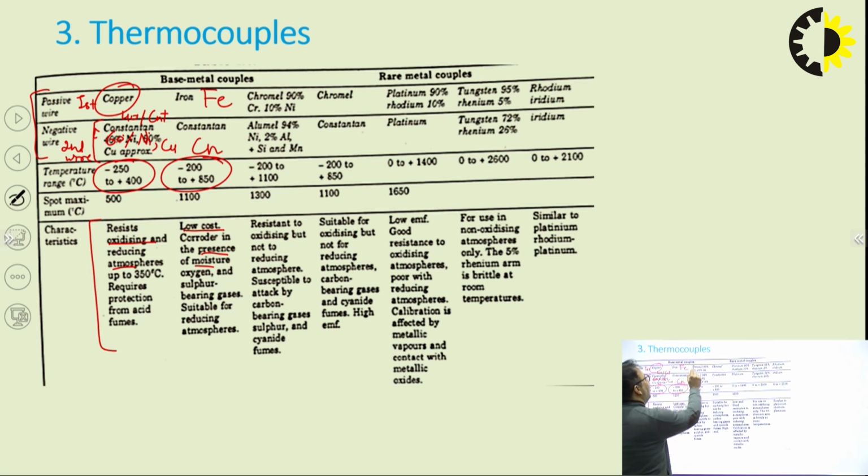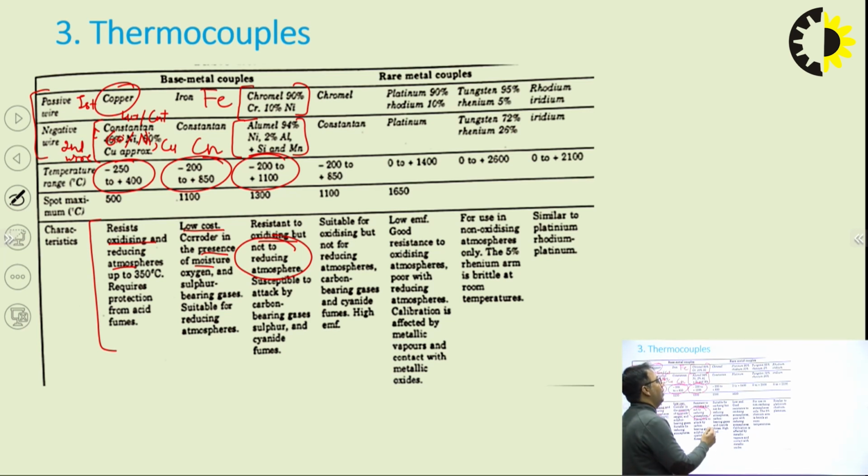Next is the chromel and alumel combination, chromel being nickel and chromium, alumel being nickel and aluminium. This can even measure temperature up to 1100 degrees and is also resistant to oxidation, but it is very sensitive to atmospheric conditions.